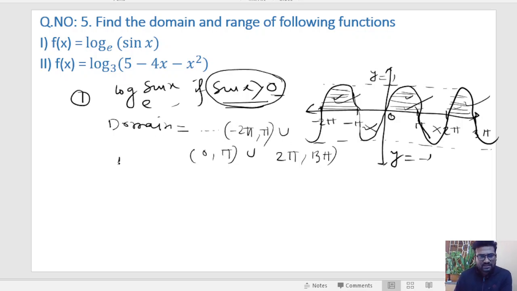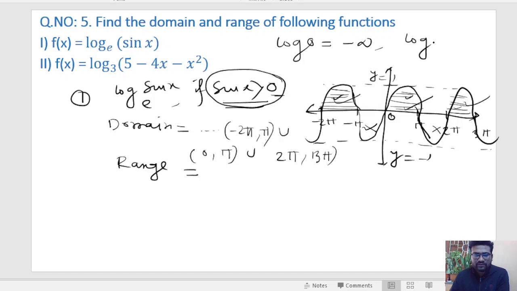So for the range, log 0 equals minus infinity, this is the least value, and log 1 equals 0. So minus infinity to 0, closed. This is the range of the given function.